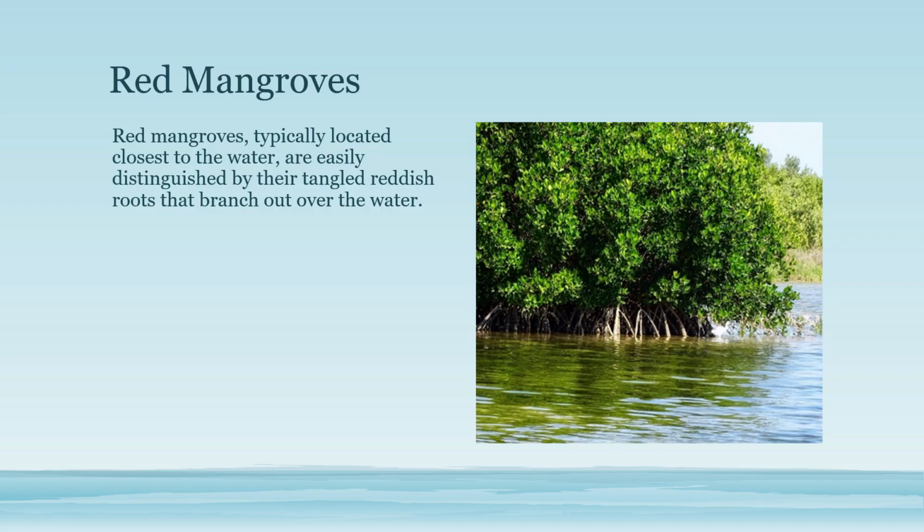Native Americans that lived in Florida called them walking trees because of this. You can see they have the prop roots that help them anchor the soil. They're very, very important when it comes to storms and flooding because they fight erosion and help fight storm surge.